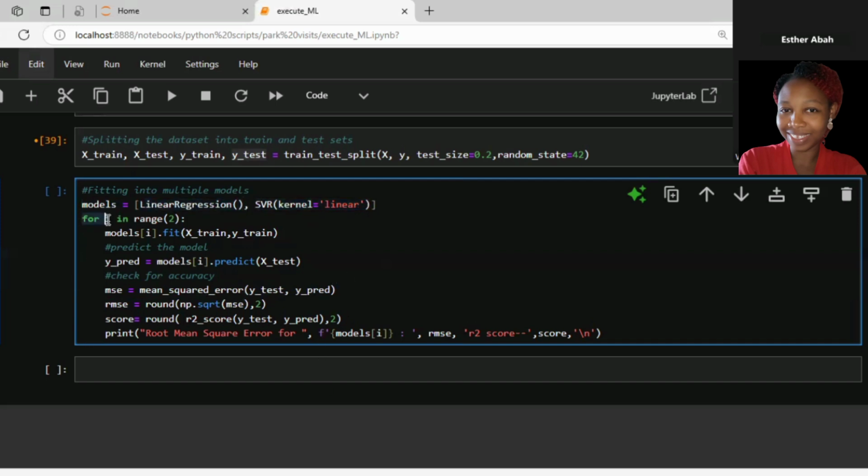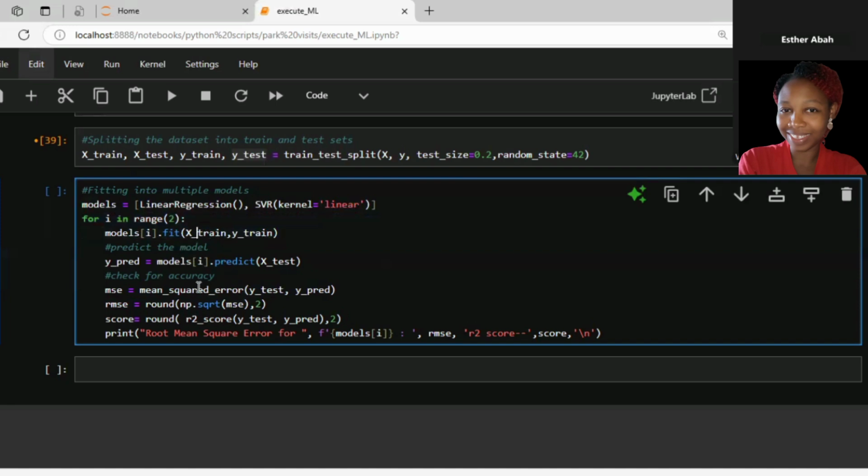I believe you know this one, for i in range 2. Models now. So we pick the first model, which is linear regression. We fit it to the trained data set, that is the 80% of the data set for the X and the Y. We train it.